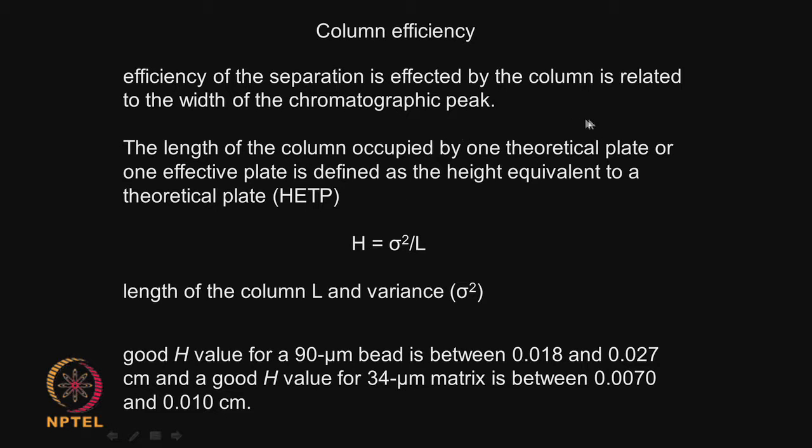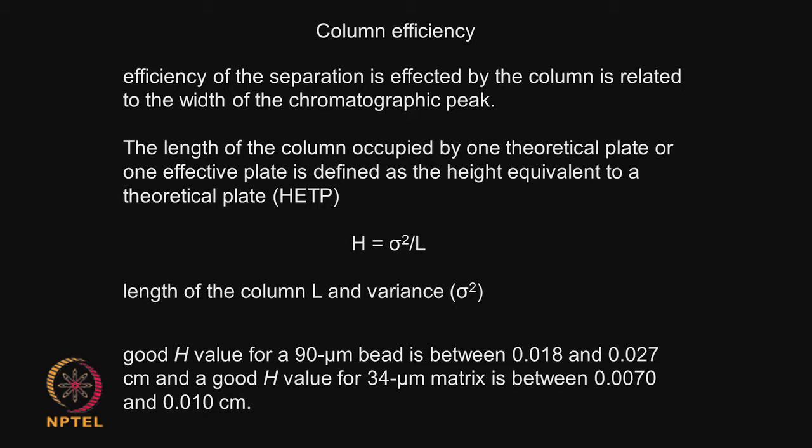There is a term called theoretical plate, okay. This comes from chemical engineering. There is a term called the number of theoretical plates. So, a column is considered as consisting of a lot of theoretical plates, and separation takes place in each theoretical plate, okay. So, the more the number of theoretical plates, the better the efficiency expected.